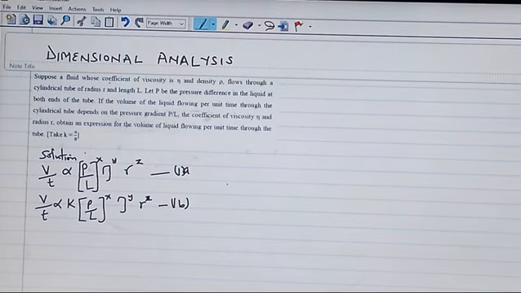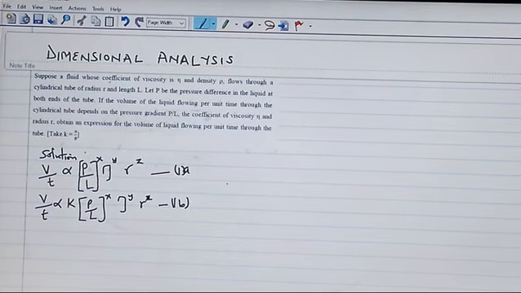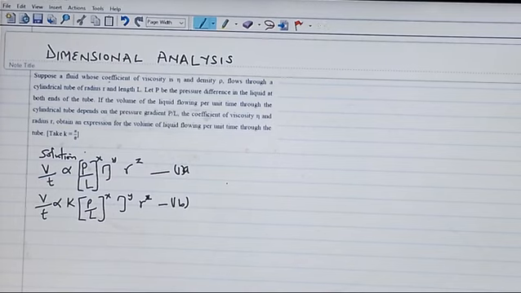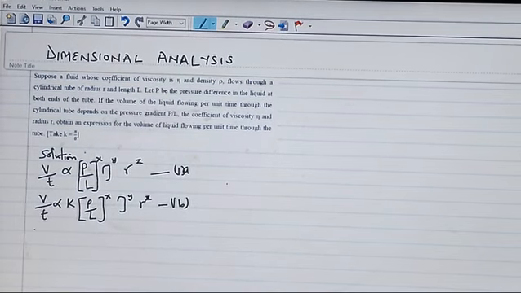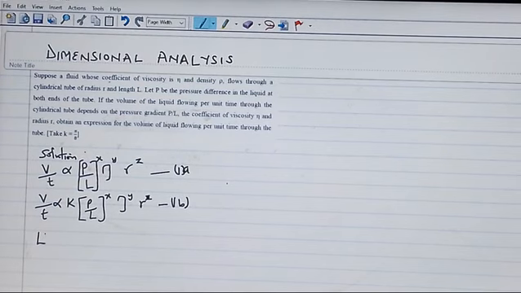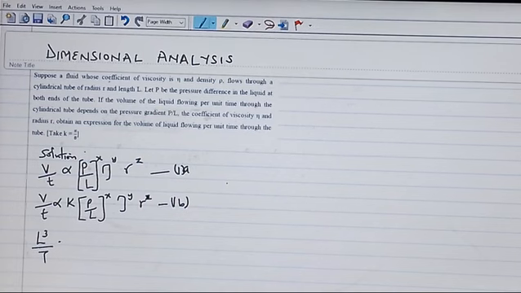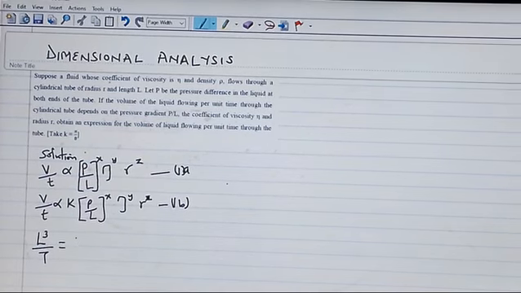We have to express every term in terms of their dimensions. So for volume, the dimension of volume is L cubed. So we say L raised to power 3. Time is T. Equal to the dimension for pressure.